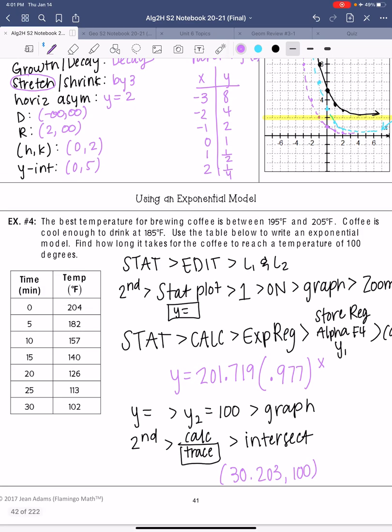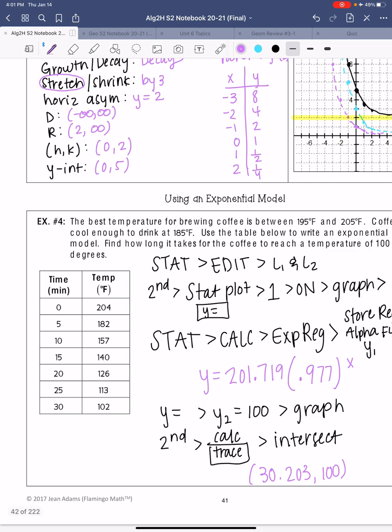So our conclusion is it takes about 30.2 minutes for coffee to be 100 degrees. All right, thank you for bearing with me with my apps.